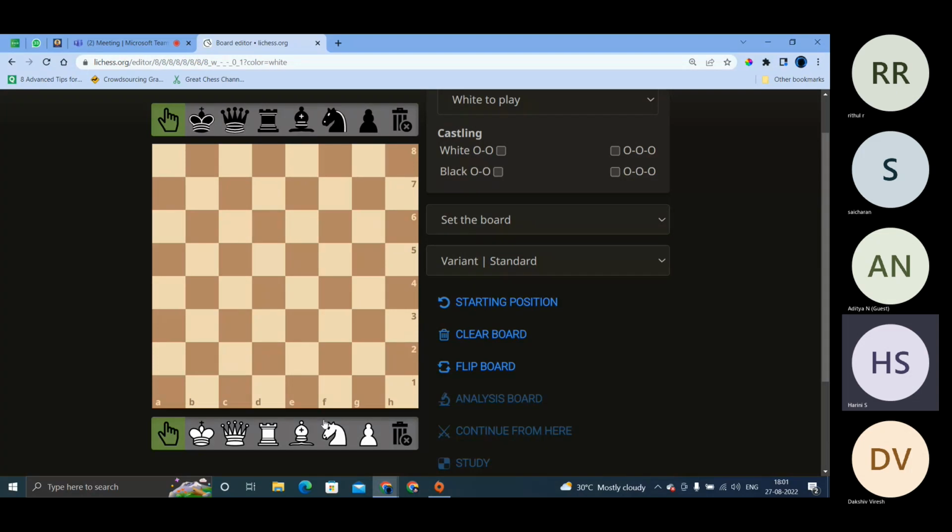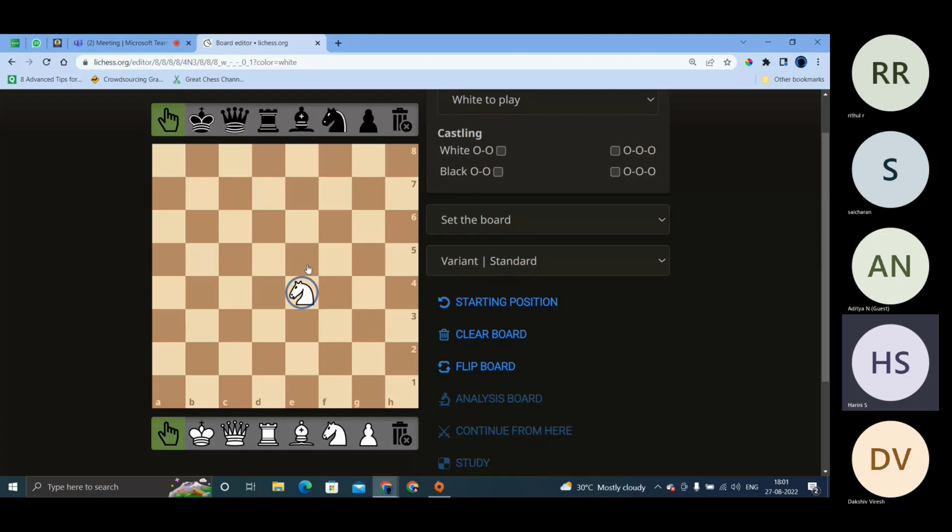So this is a knight, right? Observe carefully. Everyone be on mute, just listen to whatever I'm teaching. This is a knight. It moves two steps in the same direction, two squares in the same direction, and it will take a turn and land on that one square.